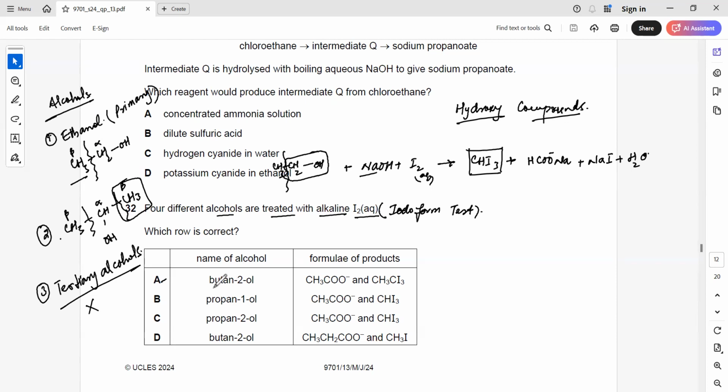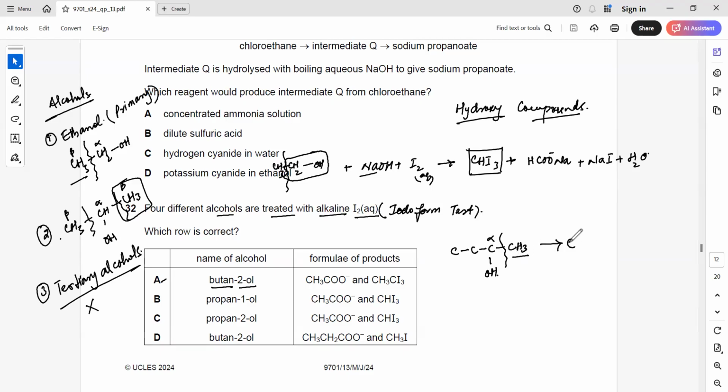Option A is butan-2-ol. So 1, 2, 3, 4, and OH. Yes, we can see its alpha carbon here, and there is a methyl attached to it. So it can give the iodoform test. What products will we get?